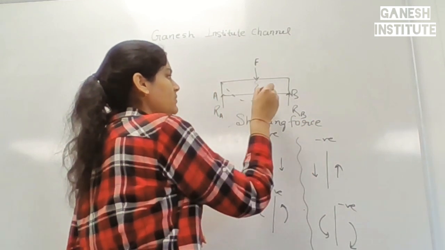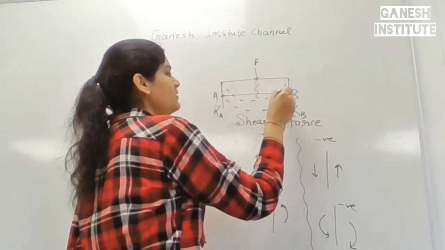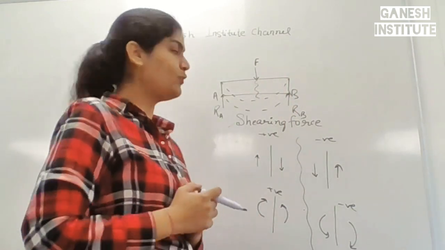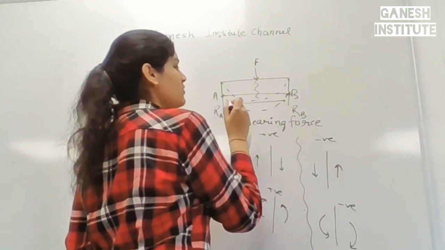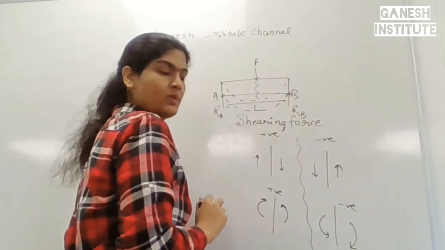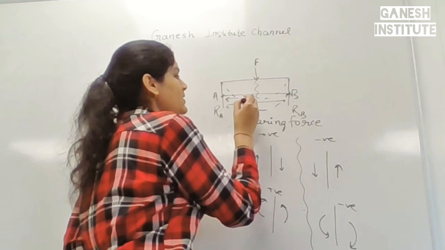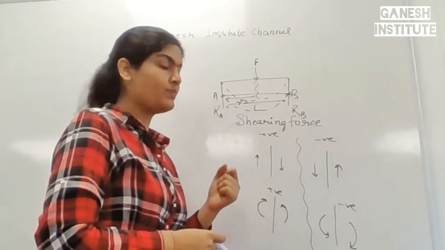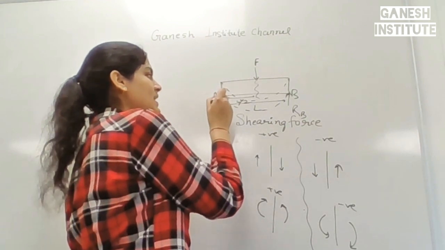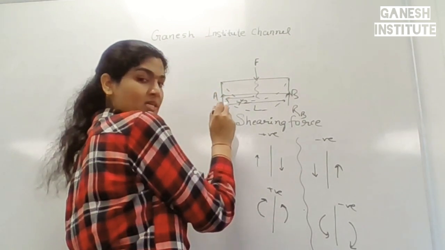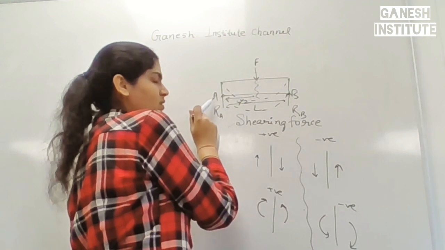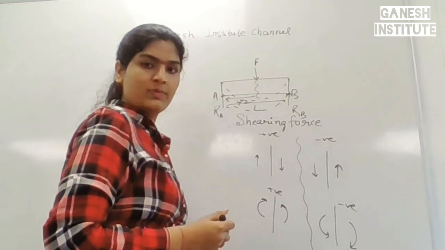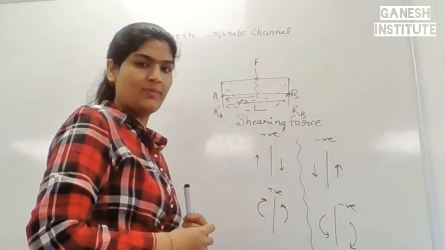If it bends, maybe like this or this, then it will be bending moment or bending force. Let's say the length of this beam is L and the distance is L by 2. So the bending moment at A will be the force at A, which is RA, multiplied by L by 2. This will be the bending moment.